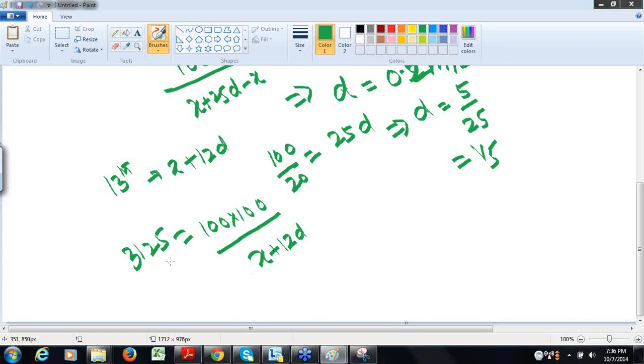Total distance upon speed is equal to time. So if you put the value of D in this and calculate, X will come out to be 0.8 meter per second. I'm not doing the calculation, you can check it. Just remember the logic. X plus 12D will be the speed of the 13th person, the total distance covered is 10 kilometers, and total time is 3125. Just equate that and find out the value of X.